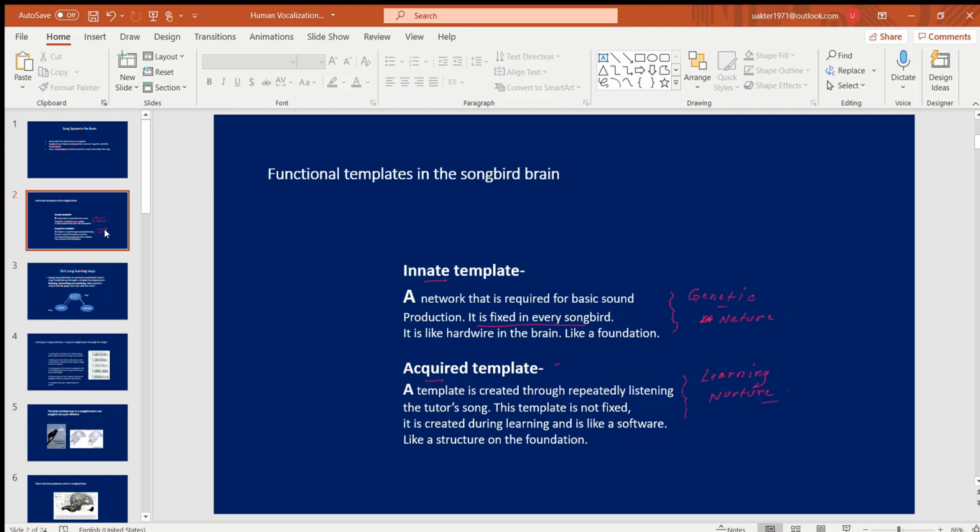So during the learning of a song, the songbird, the pupil or the learner, would first listen to the parent's song. However, structures are already developed in the brain. Those must be present to learn the song from the parent.